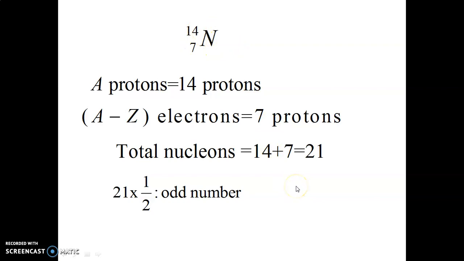But it has been found that the nitrogen nucleus follows Bose-Einstein statistics, and so it must be a boson. So this is one example of how the proton-electron theory could not be explained, and we will definitely talk about it later when you learn about all the properties of the nucleus.